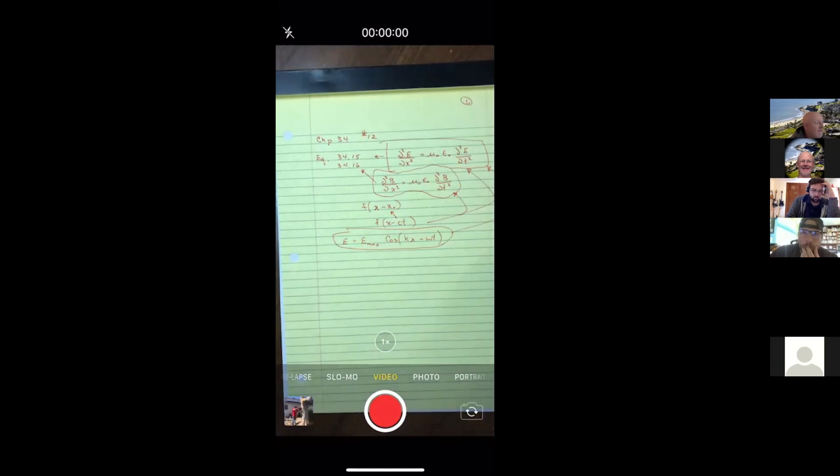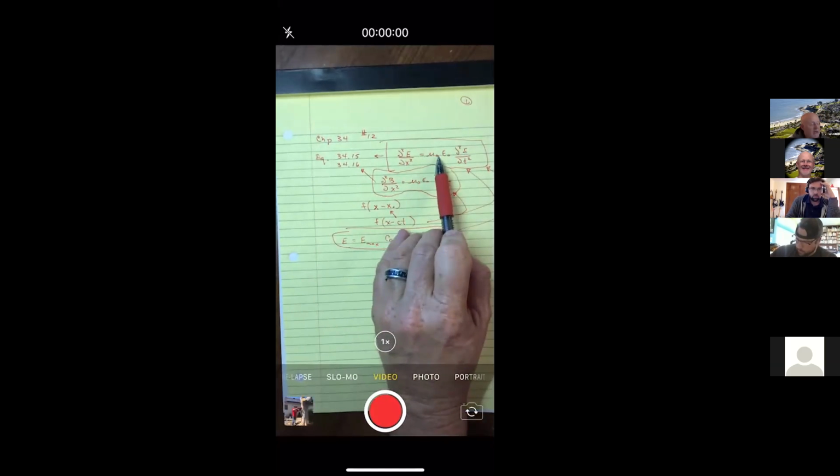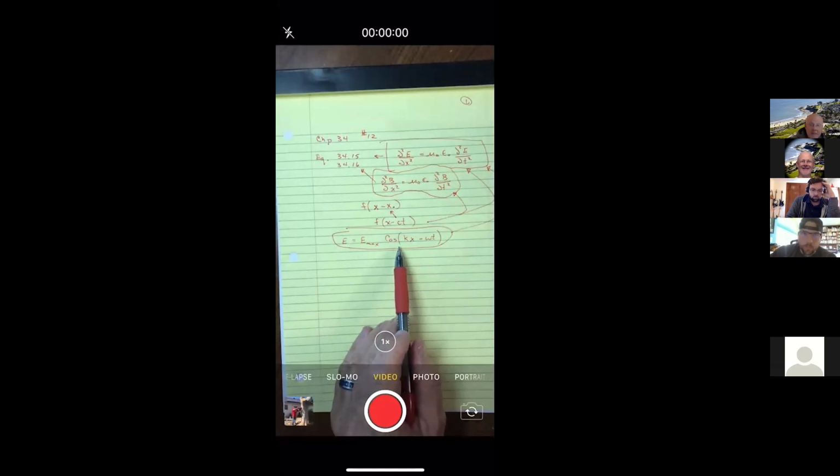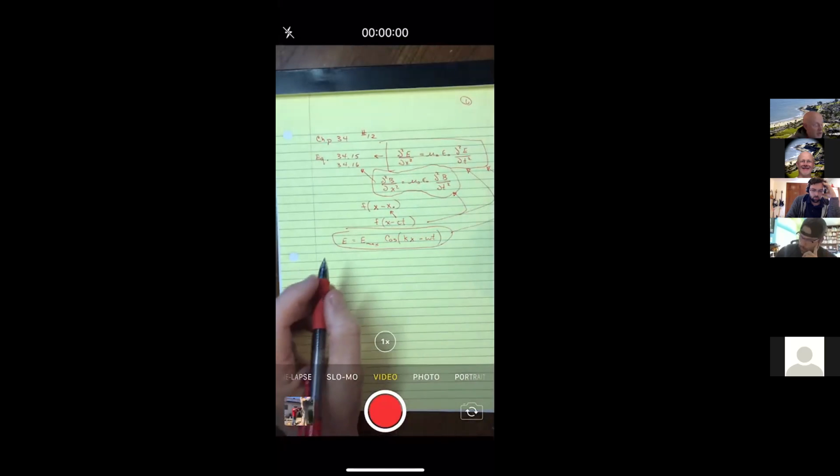And I wanted to emphasize, notice the question says verify. So you don't need to solve this differential equation and show that this is one of many solutions. What you have to do is show that this is one of many solutions by taking it and putting it in here. So let's give it a try.